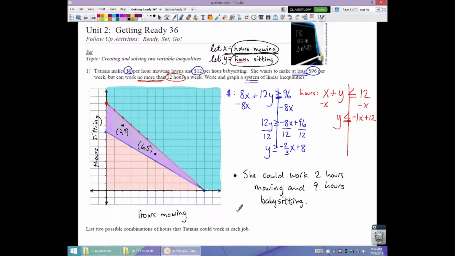That's one possible solution. A second possible solution would be that 6, 5, which would mean she could mow for 6 hours and babysit for 5 hours.